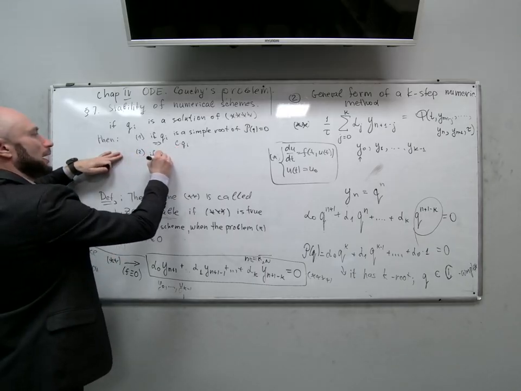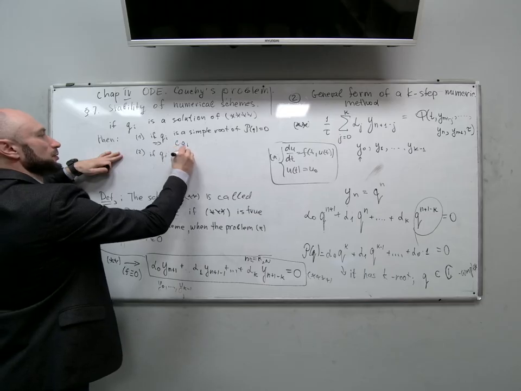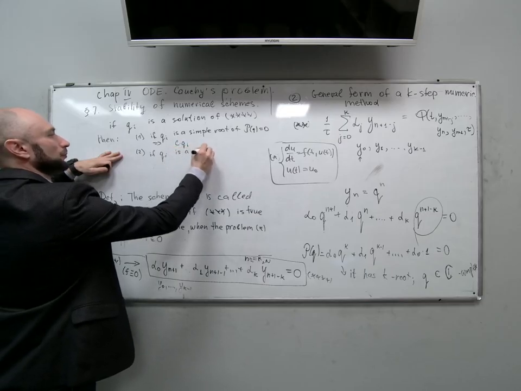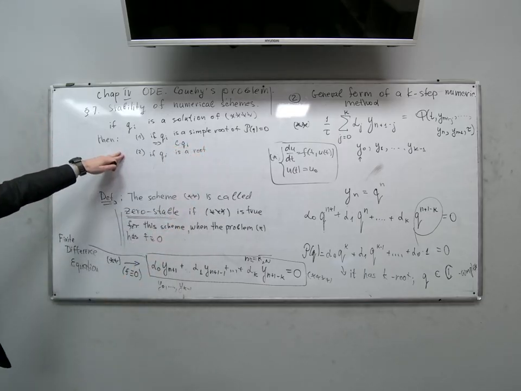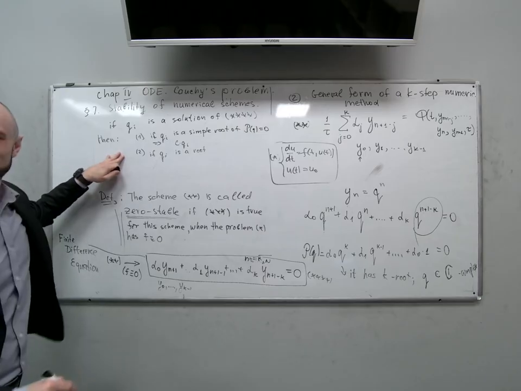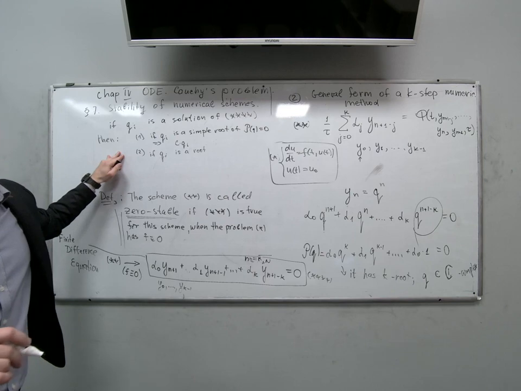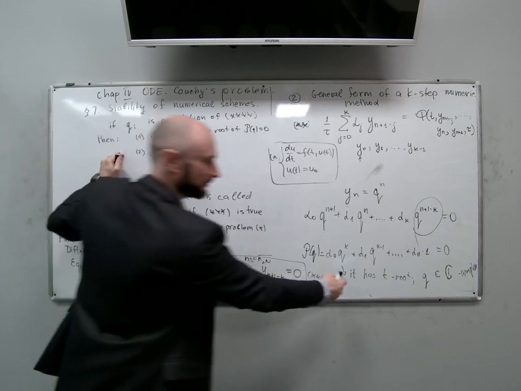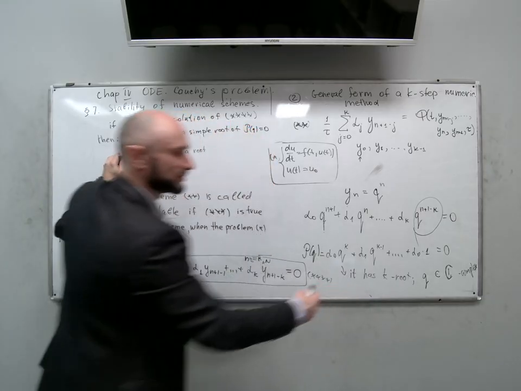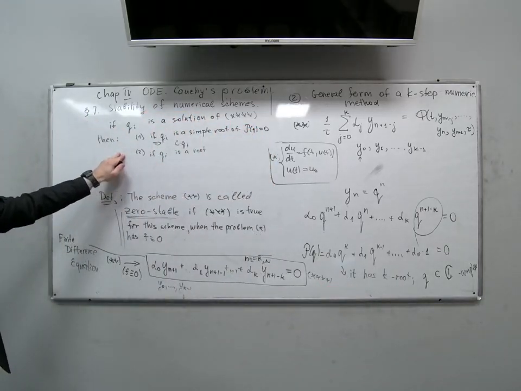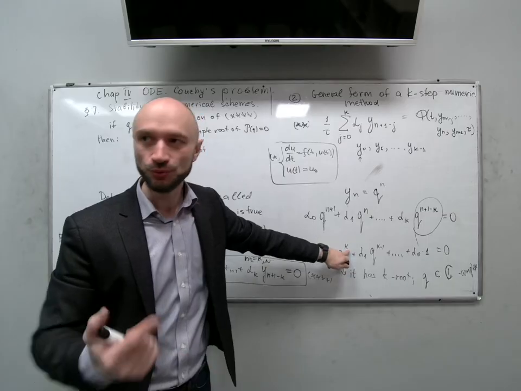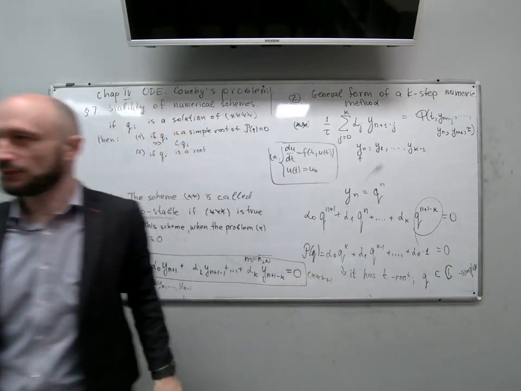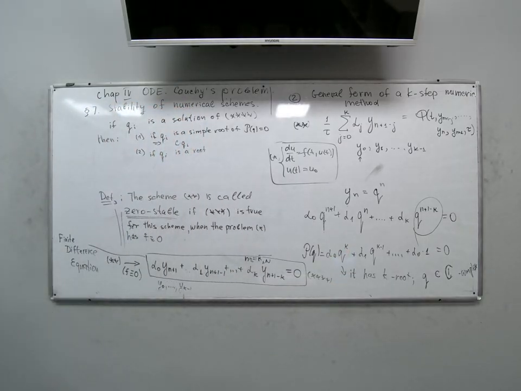If q_i is a repeated root, I don't know the English term for this. Do you understand what I mean? You may have several equal numbers as a root of this equation. For example, if k is equal to 2, we all know that quadratic equations may have two equal roots when the discriminant is 0.